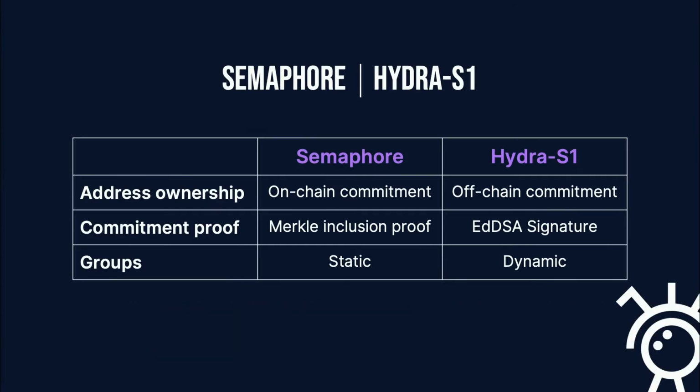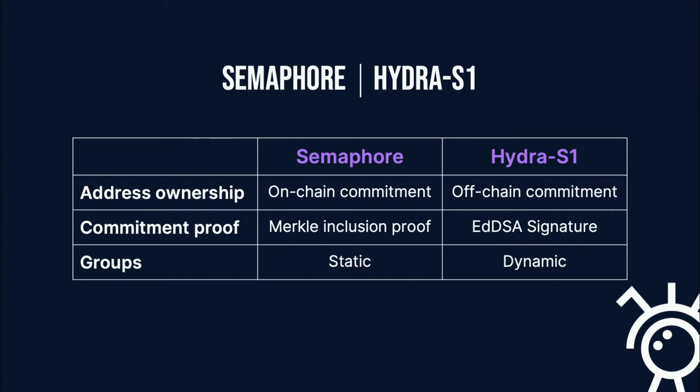So if we do a sum up of these two comparisons, the address ownership is verified thanks to an on-chain commitment on Semaphore, and an off-chain commitment on Hydra S1. The commitment proof to prove that you well committed on Semaphore is made through a Merkle inclusion proof, whereas in Hydra S1 it's an EDDSA signature that is verified.